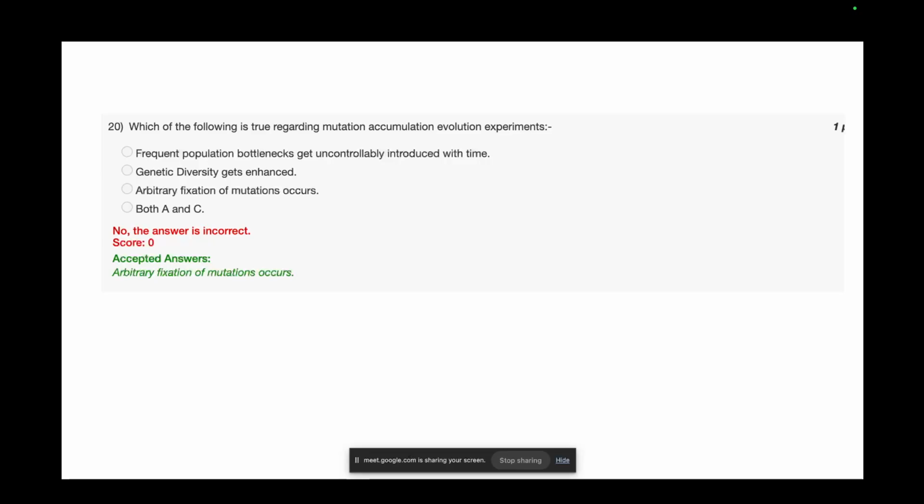So if you give too many deleterious mutations over time, the organisms would not survive, and simulation wise also they are not supposed to survive. So frequent population bottlenecks cannot be introduced unless you do a specific type of mutations in certain genes which will cause this bottleneck. Other than that, it won't happen. So the answer is only C, not A and C.